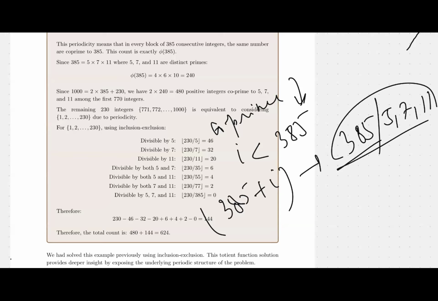It's very simple, right? Let's assume not. Let's assume I is co-prime, but 385 plus I is not co-prime.